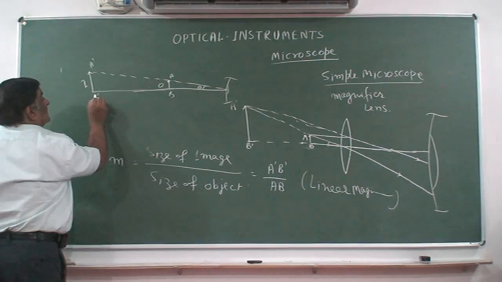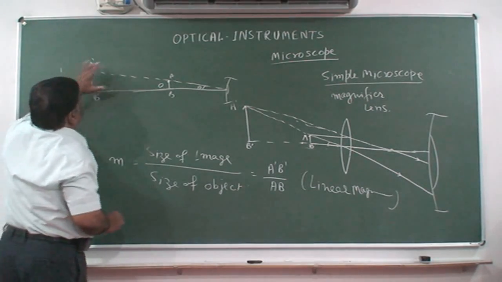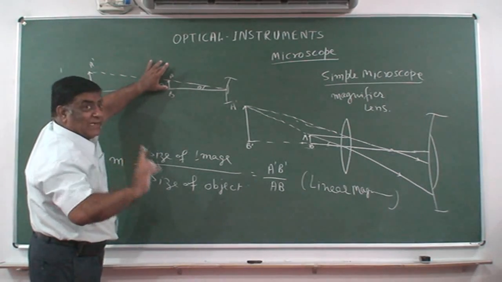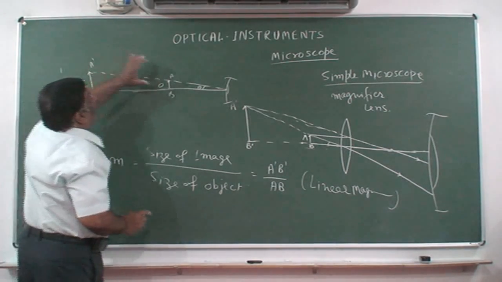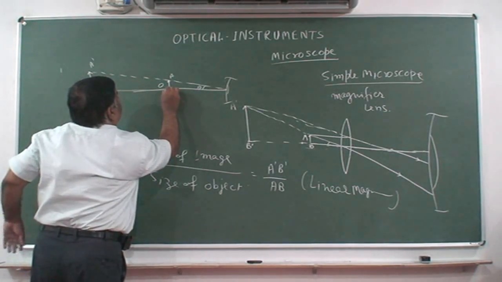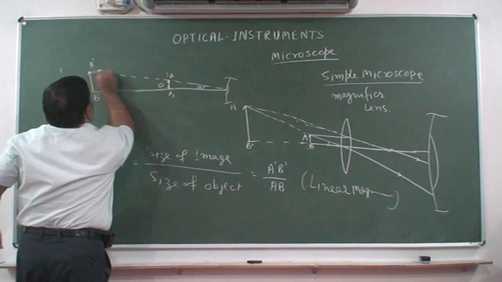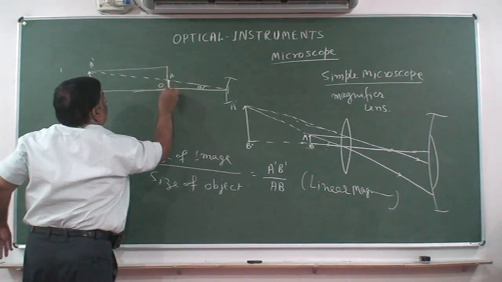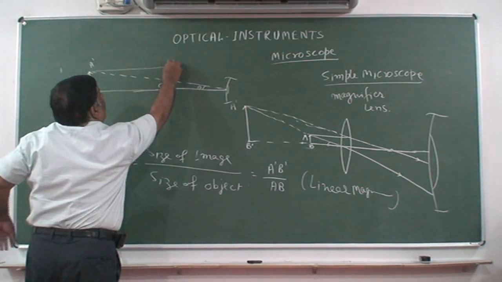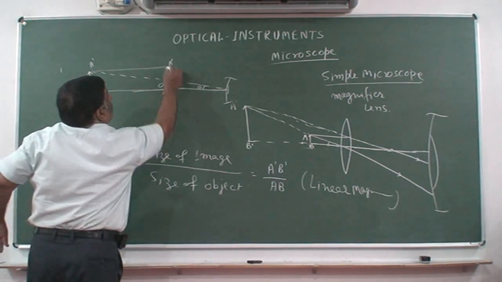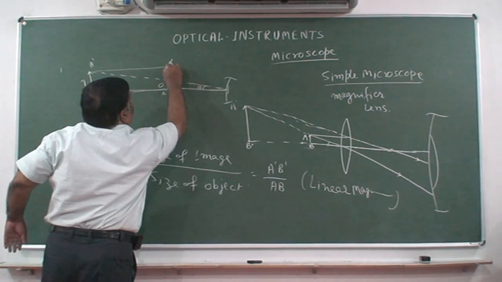Either A dash B dash, we should transfer it here in the diagram, not actually. So we bring it here like this. Now this is the size of A dash B dash. Now this A dash we connect with this.